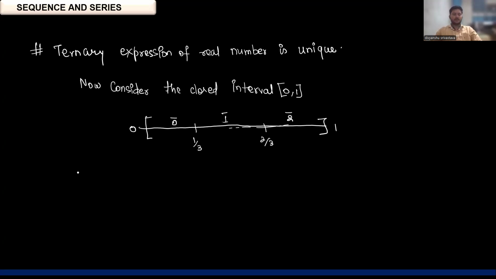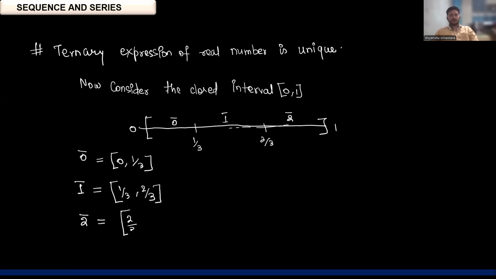For 0 bar, it is equal to 0 comma 1 by 3. 1 bar is equal to 1 by 3 comma 2 by 3. And lastly 2 bar is equal to 2 by 3 comma 1. Okay. So these are the parts; we remove the open middle third.